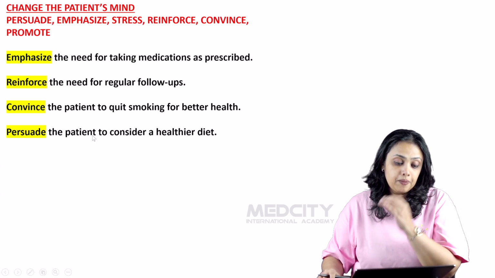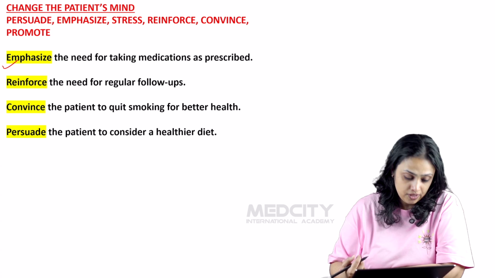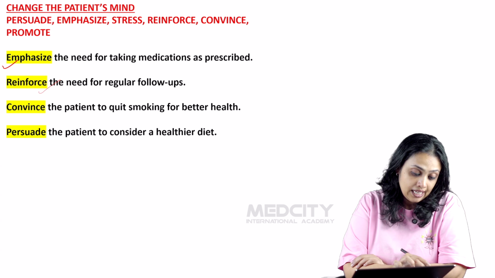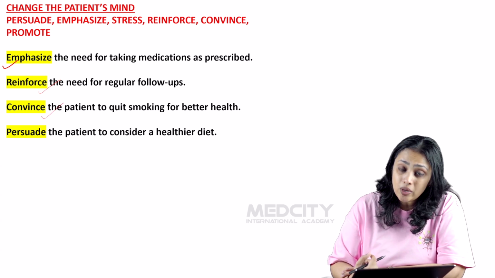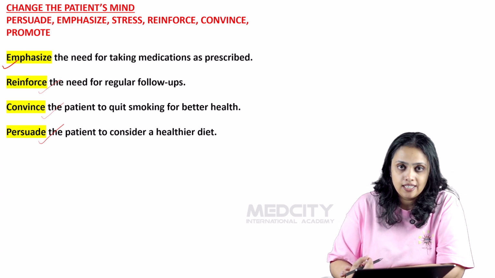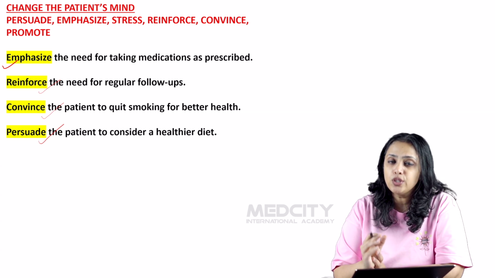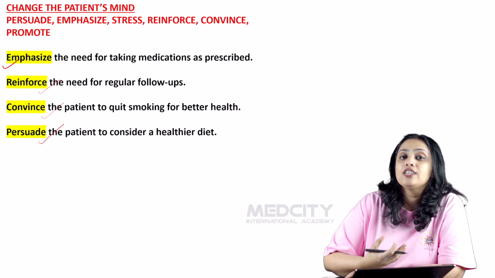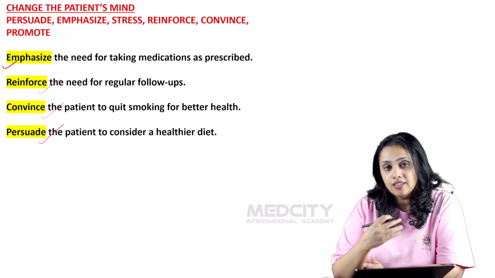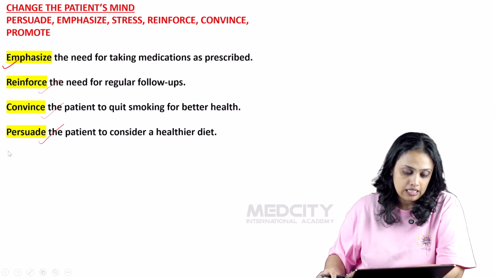For instance, it can be emphasize the need for taking medications as prescribed, or reinforce the need for regular follow-ups, or convince the patient to quit smoking for better health, or persuade the patient to consider a healthy diet. All of these indicate that the patient is resistant to this idea, but through your communication, you have to change the patient's mind and convince the patient to do something which you are suggesting. So let's see how you can do that.